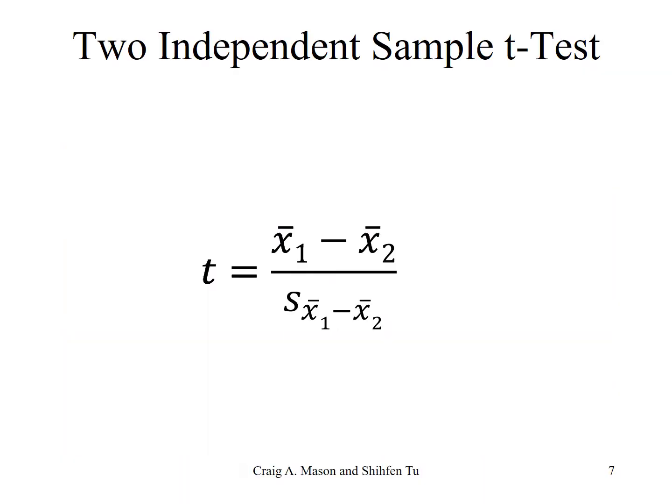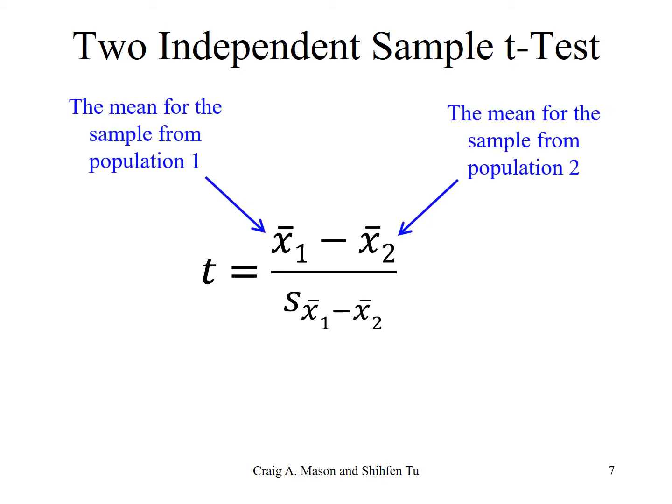Now, to see what I'm talking about, let's take a quick look at the t-score formula for a two independent samples t-test. Our t-score is the difference between our two sample means, that's how large of an effect that we observed, divided by the standard error of the difference in means.